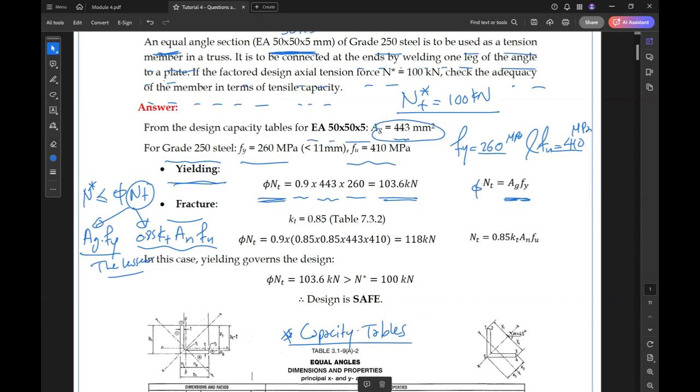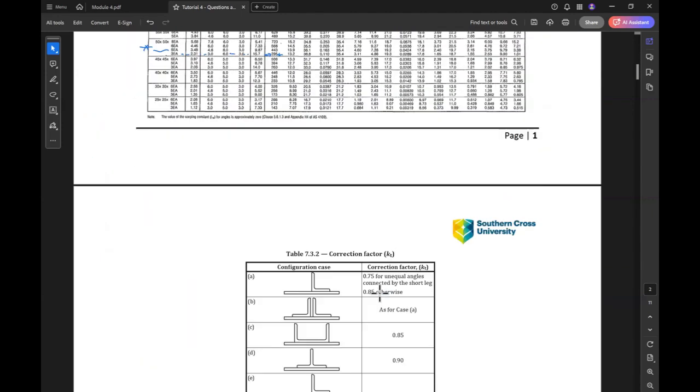the value is phi Nt, where Nt is this formula, 0.85 kt An fu. Phi equal to 0.9, kt from the table 7.3.2.